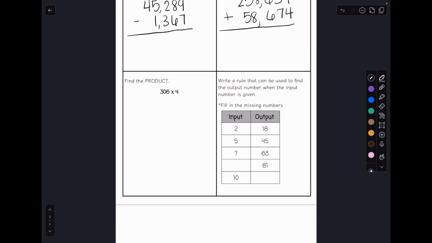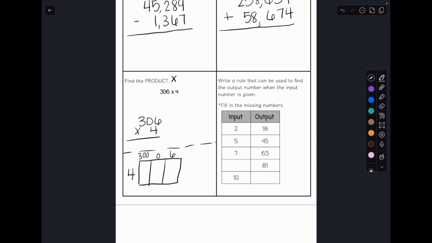Find the product. Product is multiplication, and they can solve this in any of the ways that we've taught in class, whatever they're most comfortable with. If they want to do a standard algorithm where they just stack the numbers and solve it, that is perfectly fine. And if they would even like to do the area model where they break it up by the place values, we're multiplying by 4, then you have 300, 0, and 6.